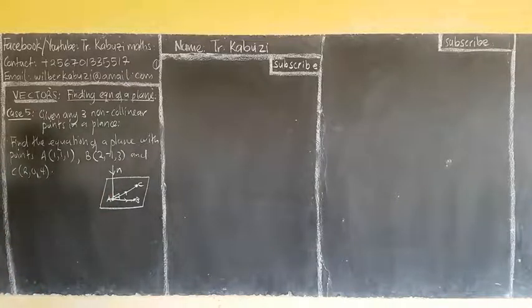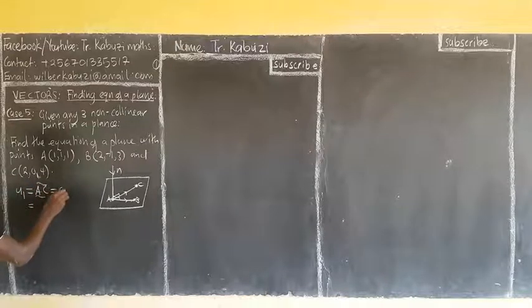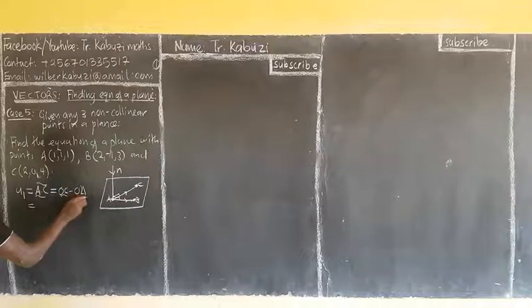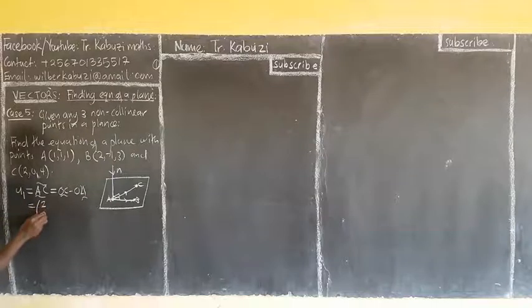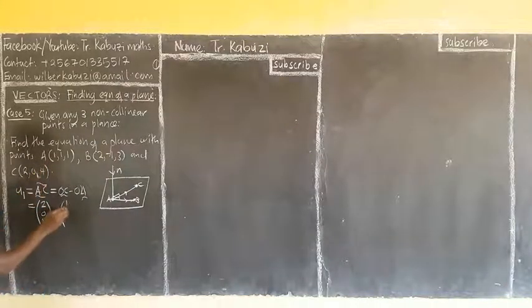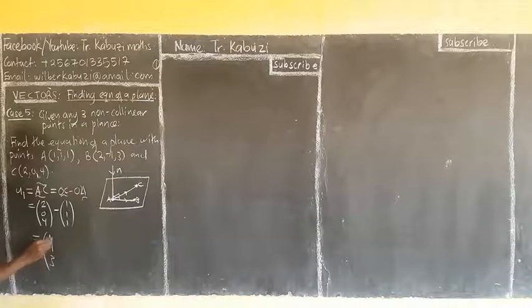So it means that now I need two vectors. I need U1, and my U1 is going to be the vector AC. So my vector AC will be OC minus OA. Can you substitute? Now my OC minus OA will give me 1, negative 1, 3.